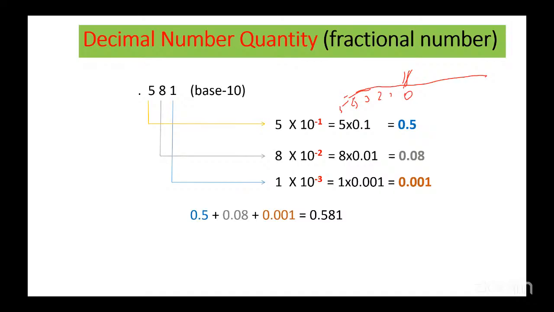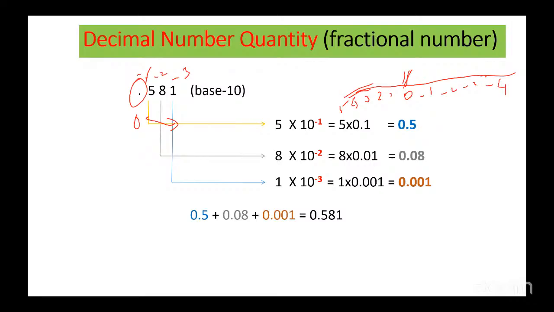Toward the right, they go -1, -2, -3, -4, like that. So from the point as 0, toward the right, the powers keep decreasing: -1, -2, -3.